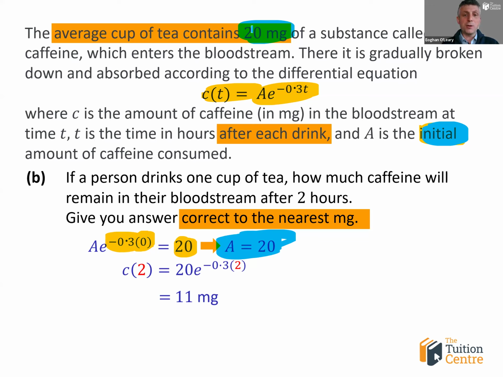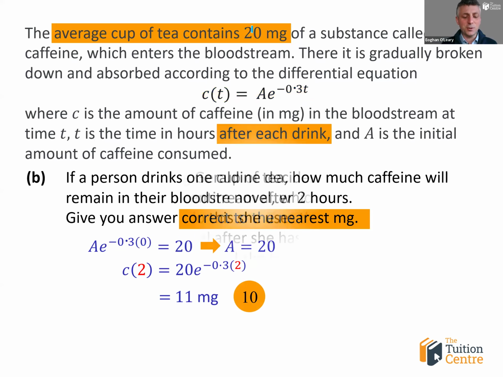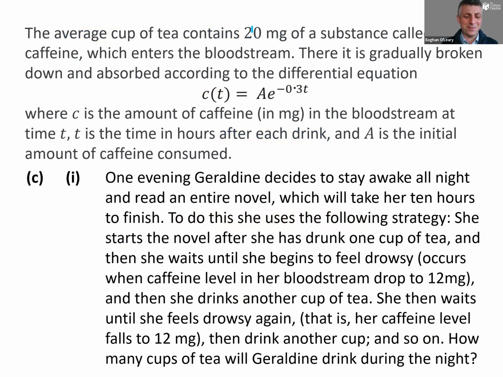So after 2 hours, you have 11 milligrams of caffeine still in your system. And 10 marks for that. As I said, that 10 marks could have been gotten without ever doing any of the earlier parts. And that's just something that people need to hear a lot of times. Some people will be looking for the exit door at this stage once they see this question.